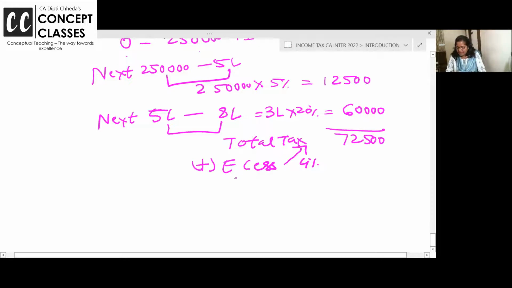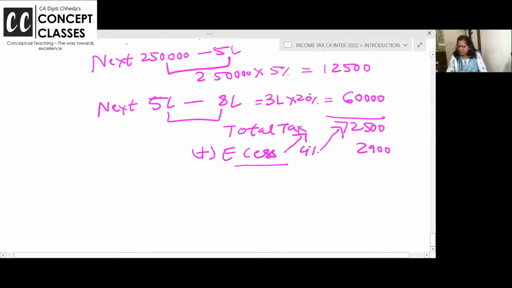It is 4%, not on Tina's income. On tax, you have to pay E-cess to government. 4% on 72,500. That comes to how much? 2,900.